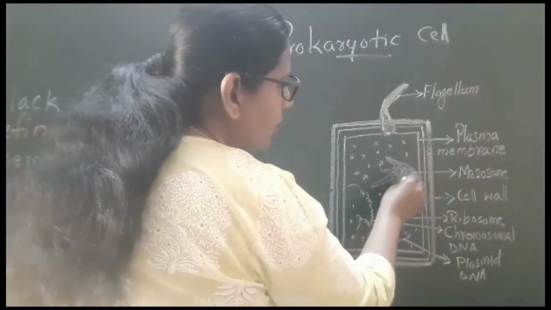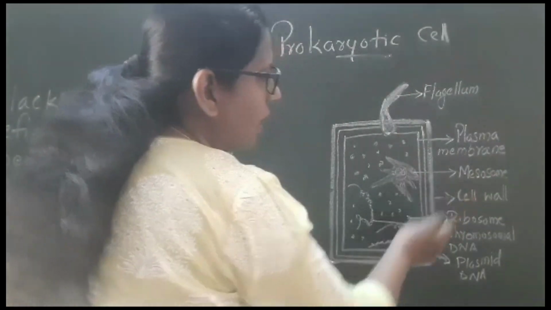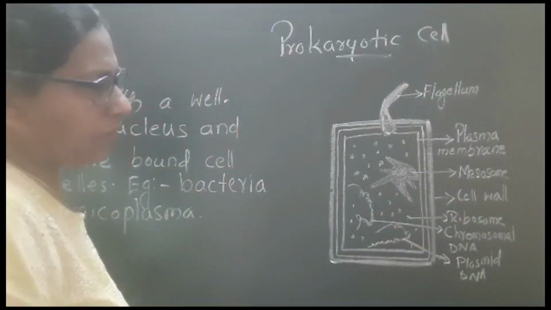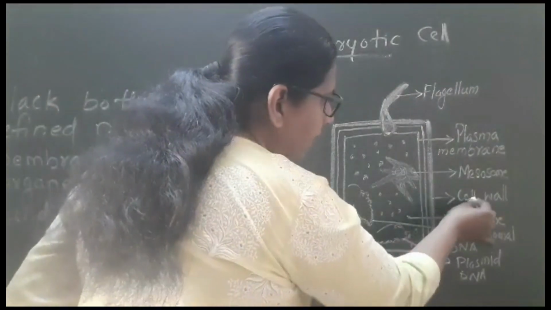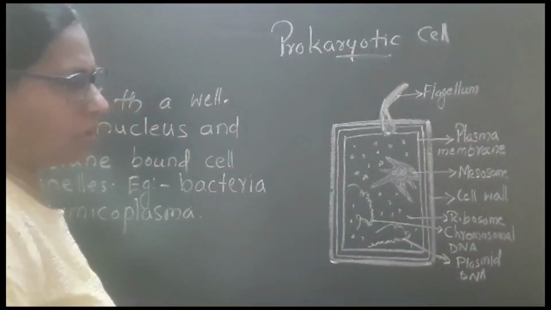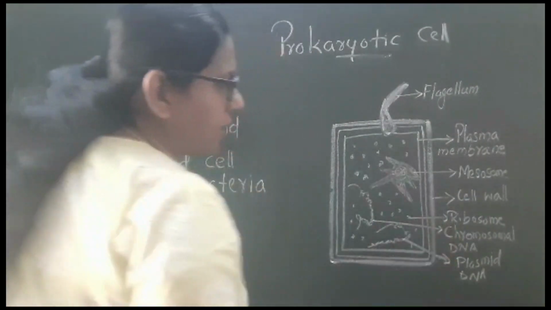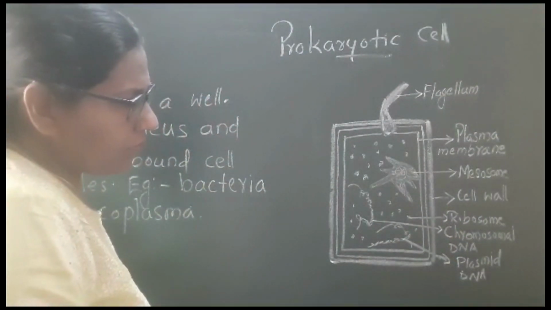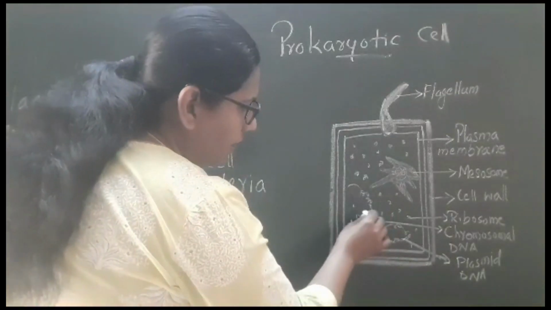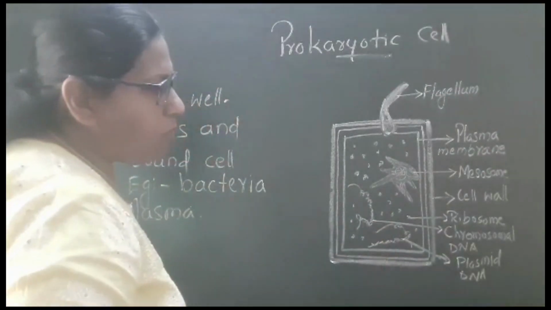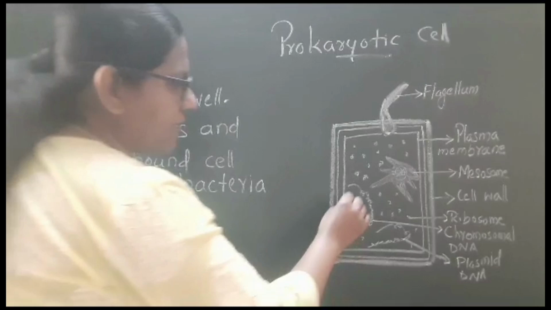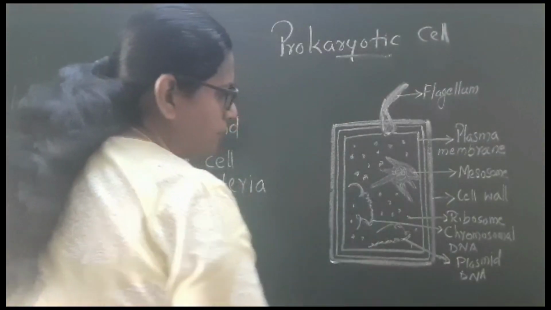Then you can see here, this is mesosome. Then the outside layer, that is cell wall. Then these are the ribosomes. Then here, this is chromosomal DNA.